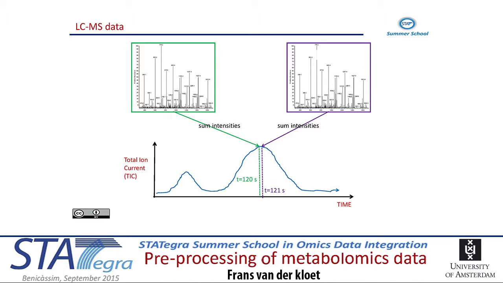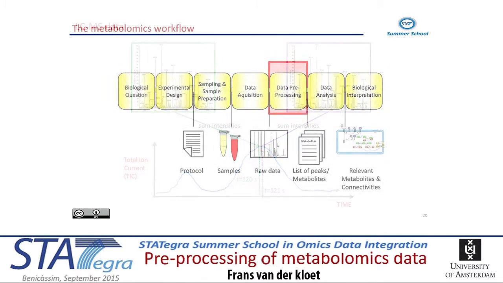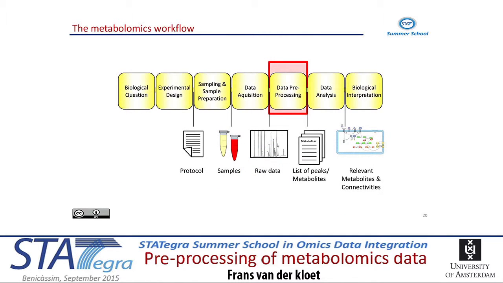So this is about the data set that I'm going to use, or the way the data is generated. Now it's all about the data processing. What can I do? How can I turn this into data that I can really use for data analysis? If I look at my whole metabolomics workflow, it consists of a lot of steps.